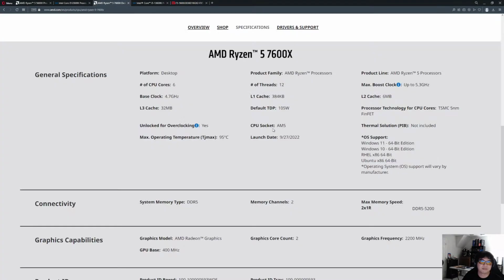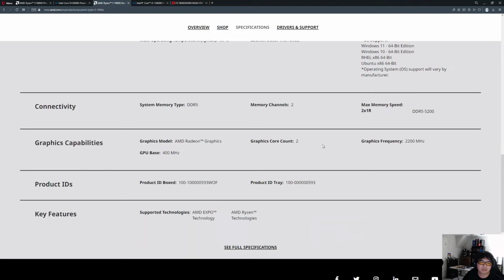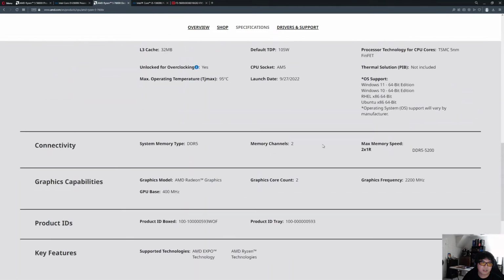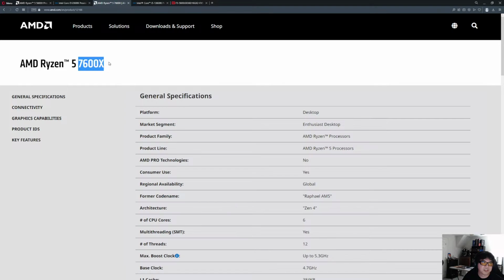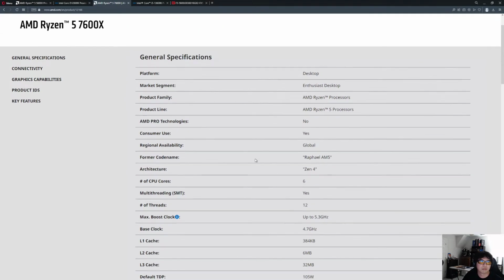So let's talk about Ryzen first. So Ryzen 7000 series, official spec for memory. Let's look at the full spec. So I'm just looking at the 7600X, but this applies to all of them, all the way up to the 16-core, 32-thread 7950X flagship.